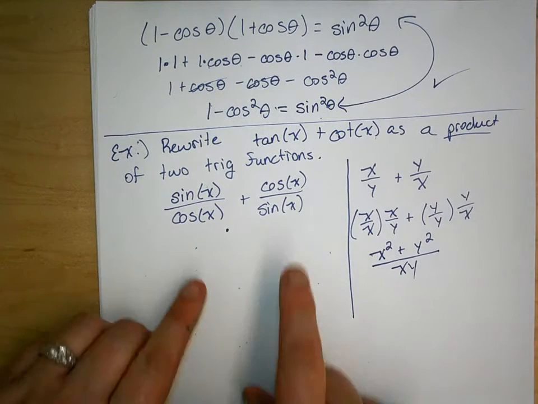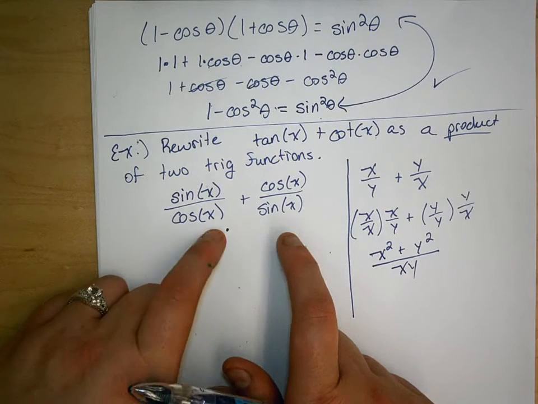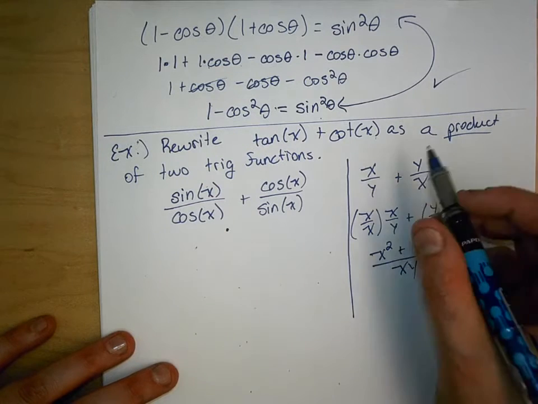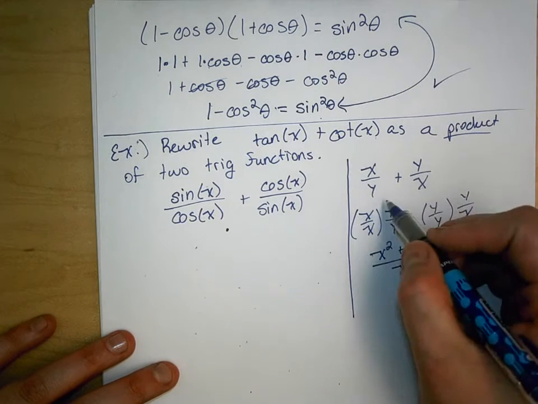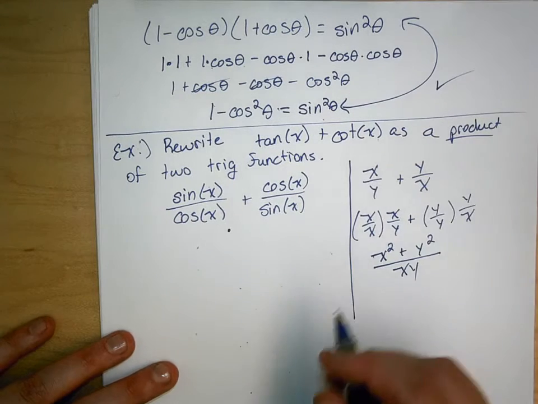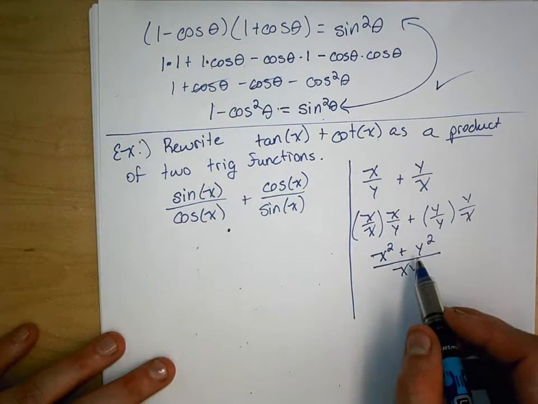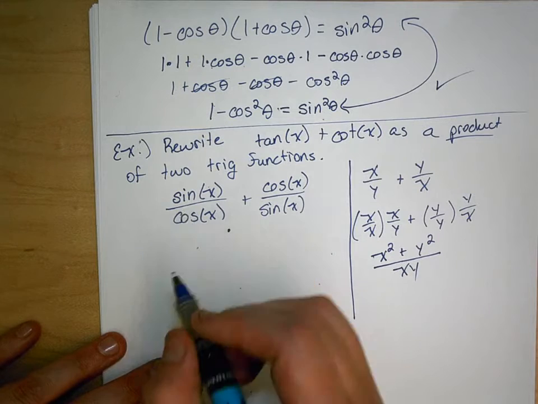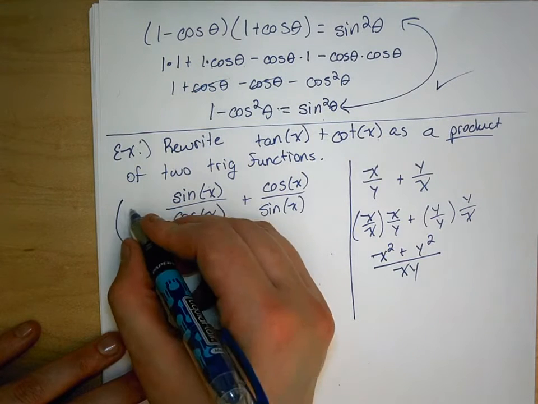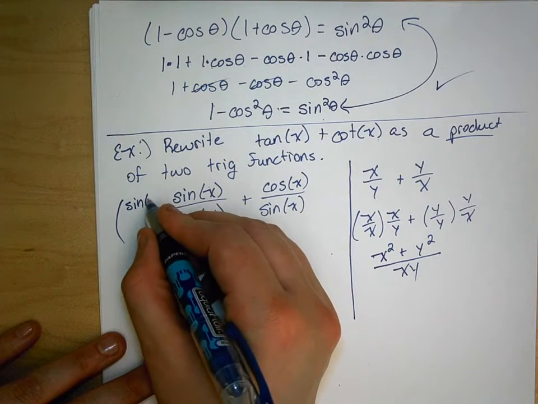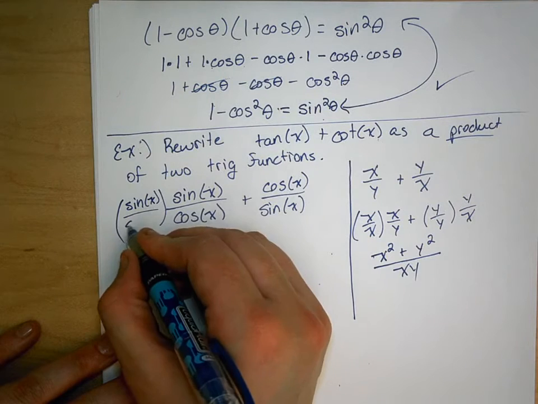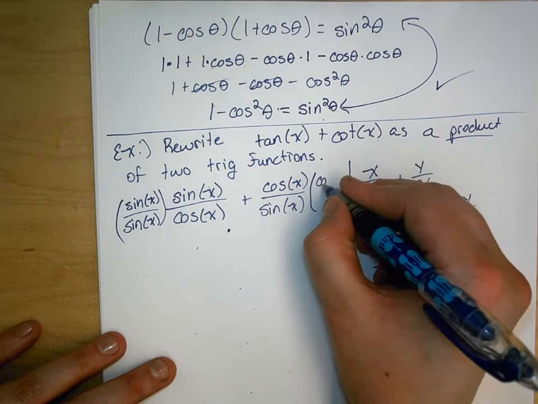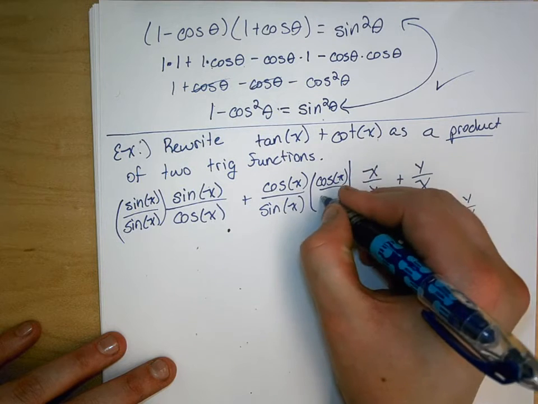Okay, so sometimes if you get to these steps and they look confusing or you don't know where to go, just go ahead and substitute in variables. So for example, you could have done a over b plus b over a, etc. Okay, so now if I were to do that over here, I would multiply this one by sine x over sine x, and this one by cosine x over cosine x.